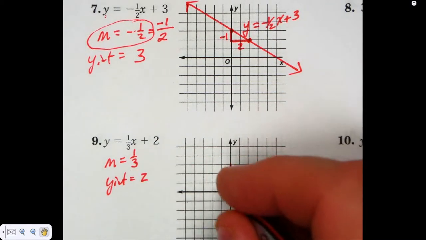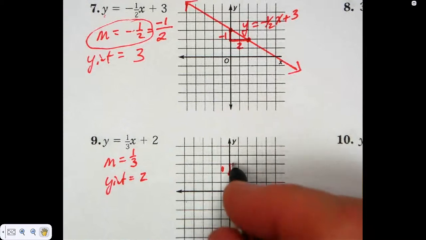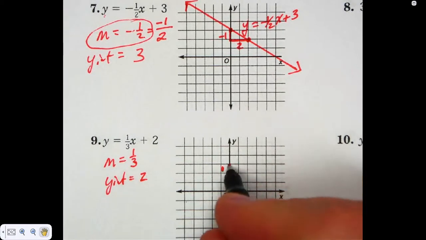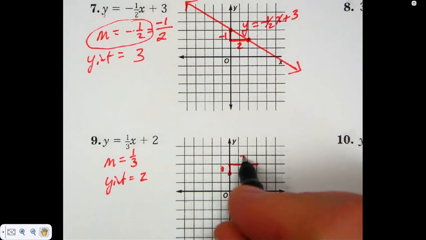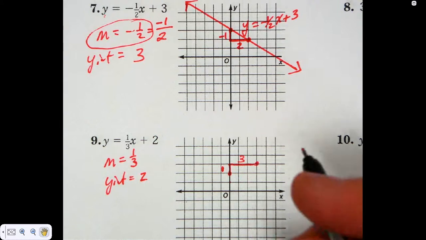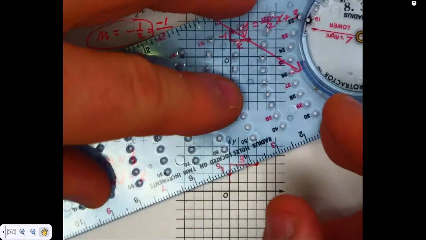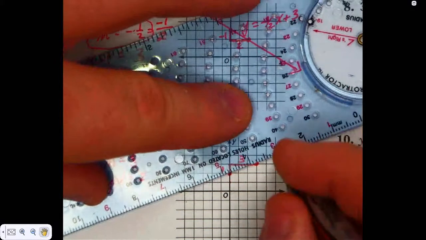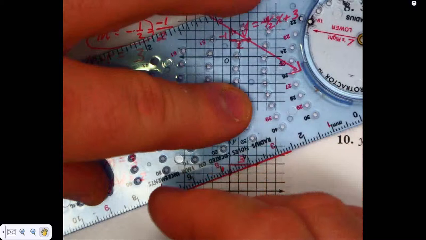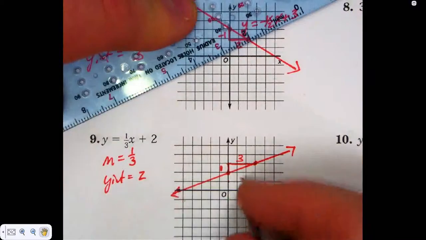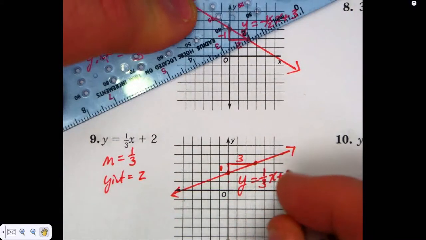For every 1 I go up, I go to the right 1, 2, 3. Then I make another dot, use my straight edge, which can be your book, and connect the dots. I have now graphed y equals 1/3 x plus 2.